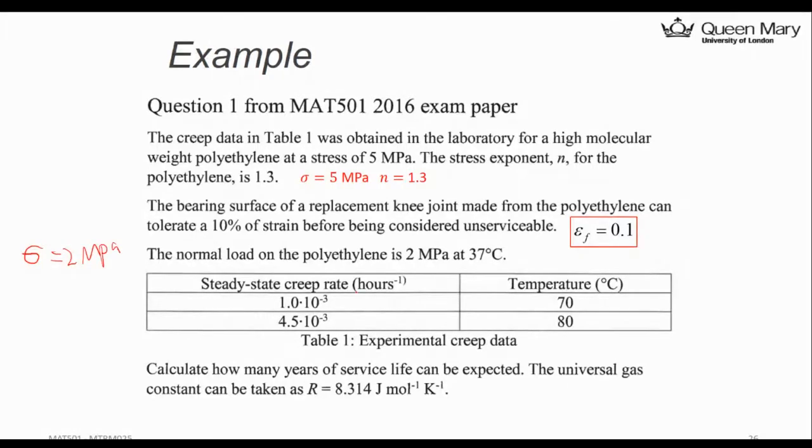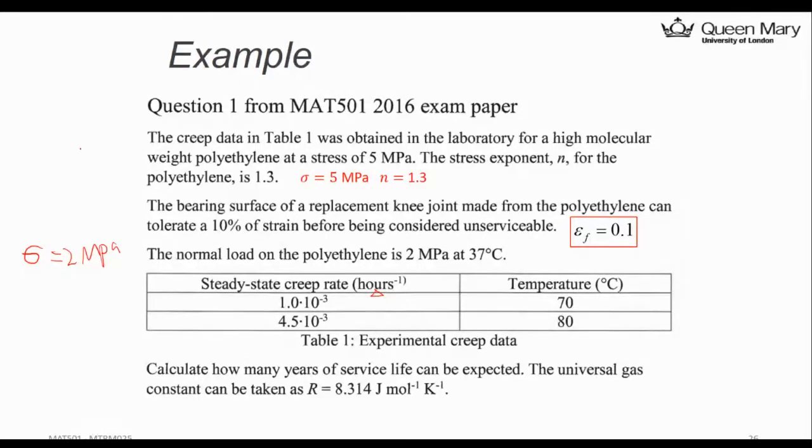That's not very high. The steady state creep rate is given here from the table at 70 degrees. This value is 1 times 10 to the minus 3, so be careful of the unit here: it is per hour.